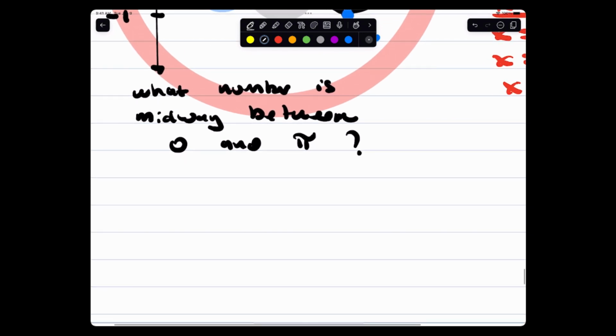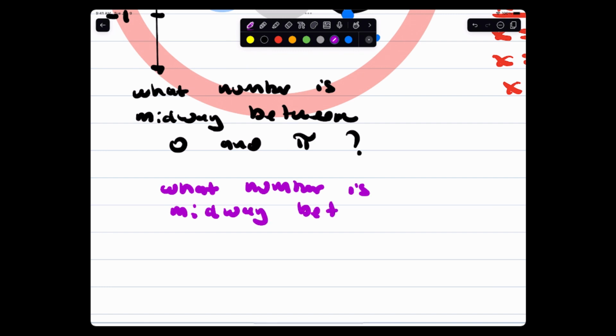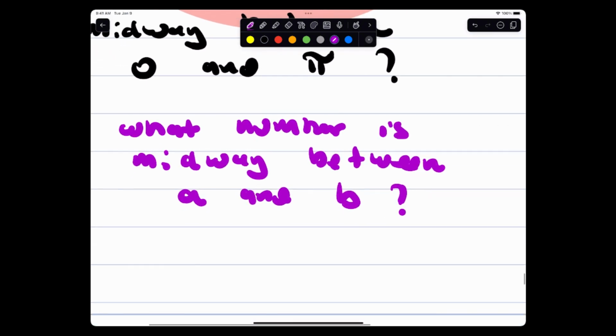If I said to you, you have two numbers, I'm going to put it in purple. What number is midway between A and B? This is the midway formula.